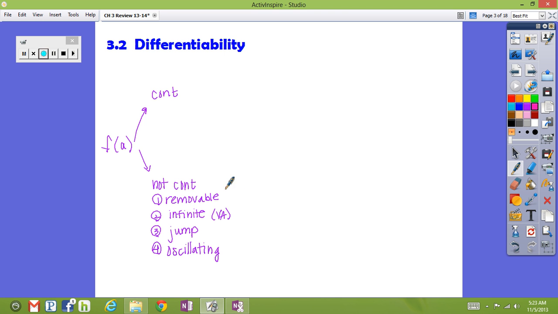If the function is not continuous, that's the easy one. It's 100% not differentiable. So f prime of a will not exist if that a value is any of the not continuous points. Now the harder thing is if it's continuous. You could have two things happen.